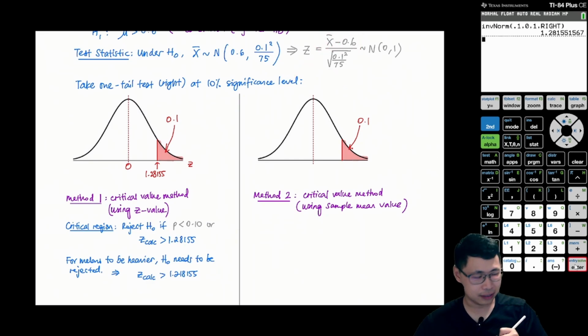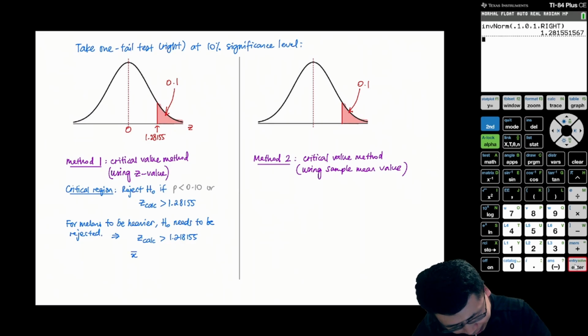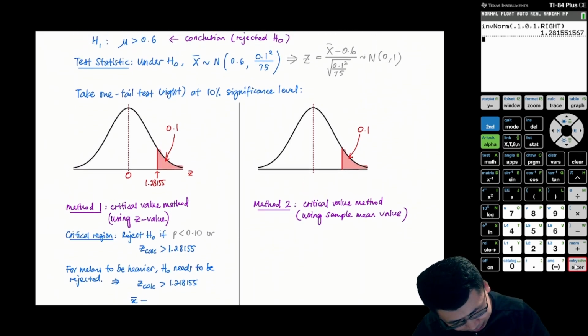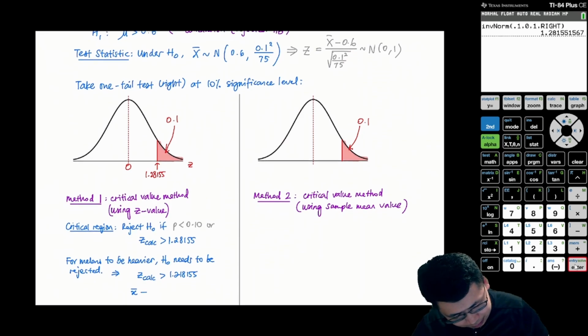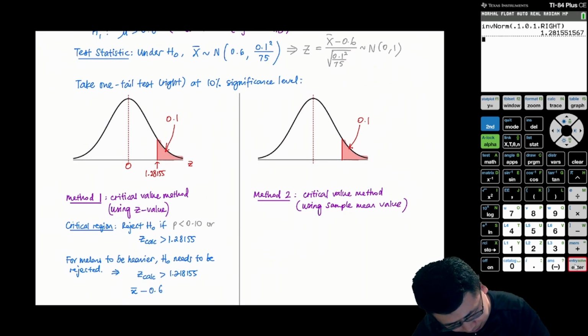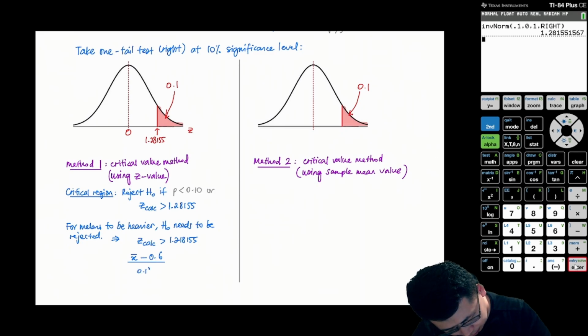This refers to the distribution, but when we calculate the actual value, I'm going to use small letter x, minus 0.6, and then divided by the square root of 0.1 square over 75.